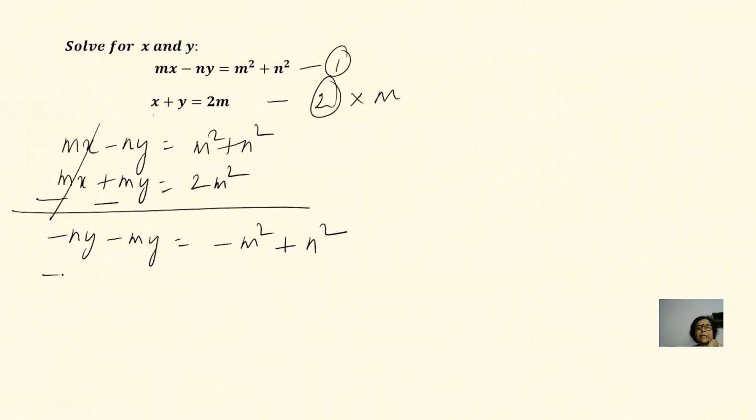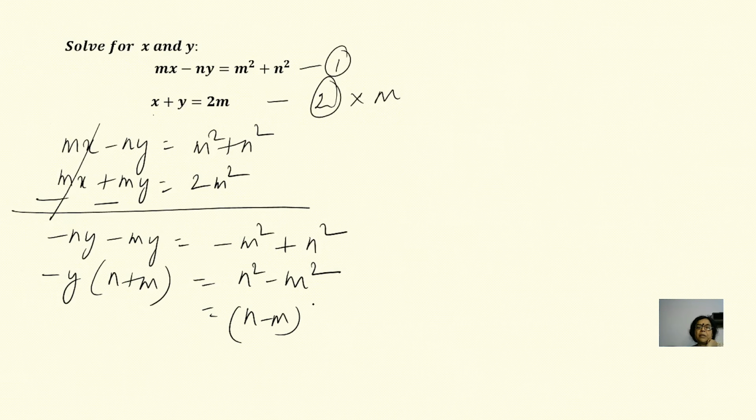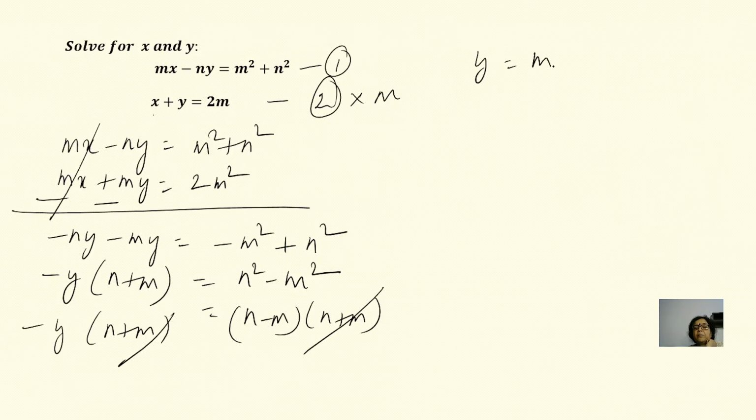So here I can take out minus y common, n plus m, and here I can write it as n square minus m square. Now factorize this as n minus m into n plus m using the a square minus b square formula. So y into n plus m is equal to this. This gets cancelled. Multiply both the sides by minus 1. So y is equal to m minus n.